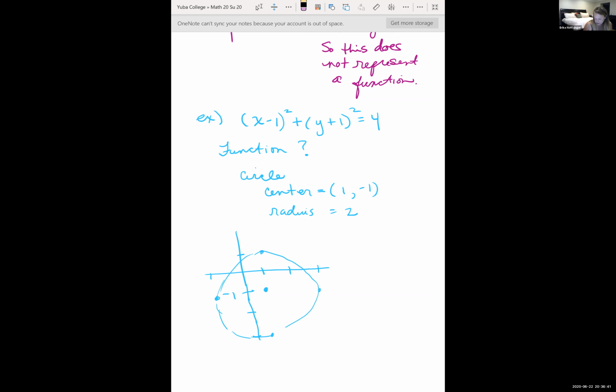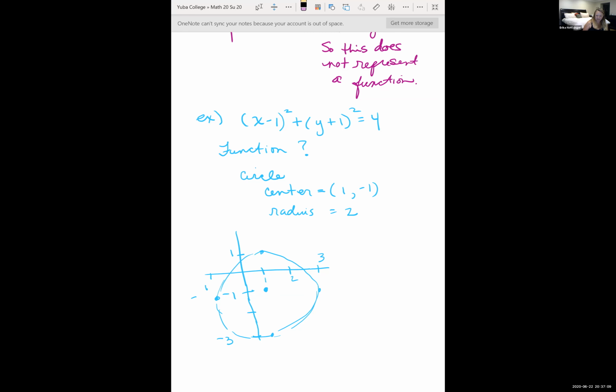Okay, it's supposed to look like a circle. So if there's a value of x that would give us multiple y values on our graph, then it's not a function.